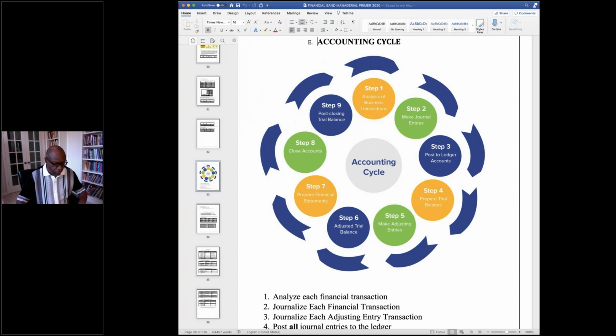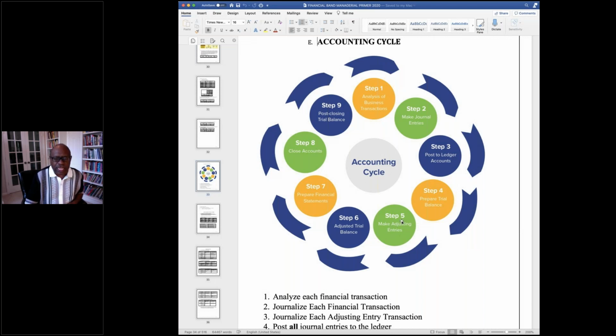Hello, everyone, and this is day 3 of our lectures on the accounting cycle. In day 1, we looked at the first 2 steps in the accounting cycle, analyzing business transactions and making journal entries. In day 2, we looked at steps 3 and 4, posting to the ledger and preparing the trial balance.